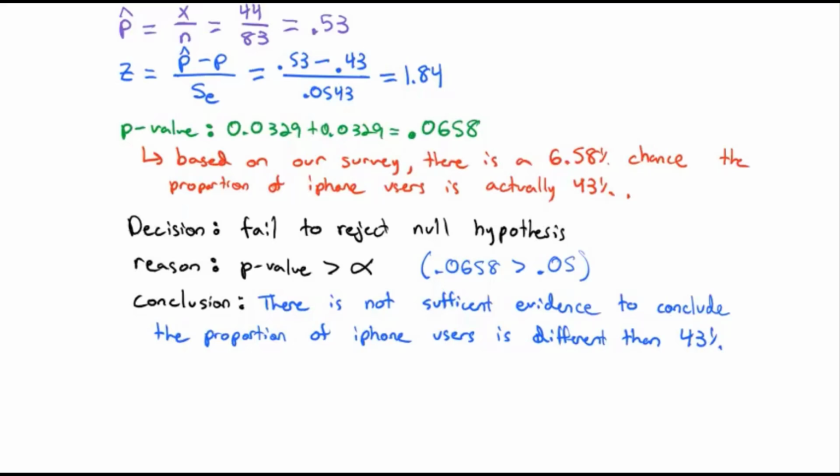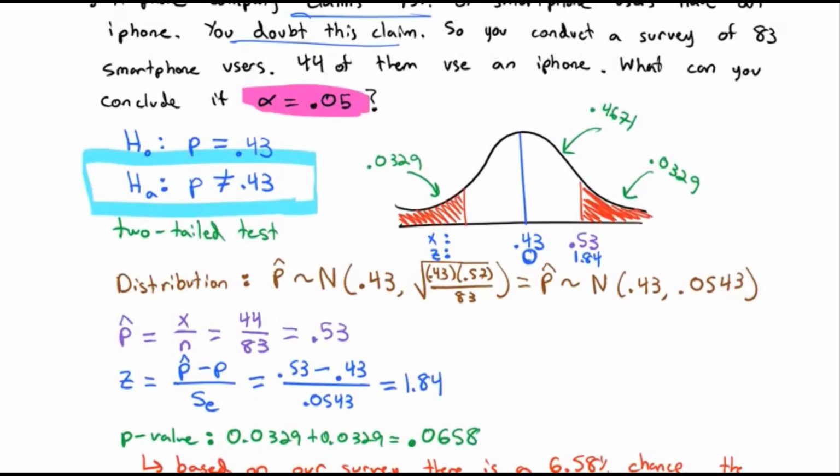Now, one thing you might notice is there's a couple of p's going on in problems like these, and it's very important we keep them all straight. We have a p-value. That's just the probability the null hypothesis is true. We have a p in the null hypothesis. That is the claim for the population proportion. And we also have a p hat.